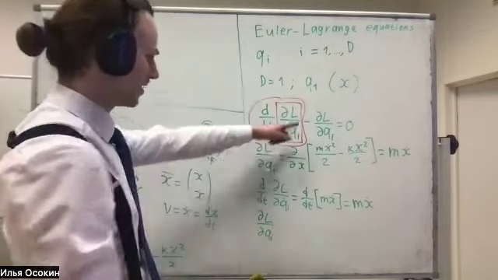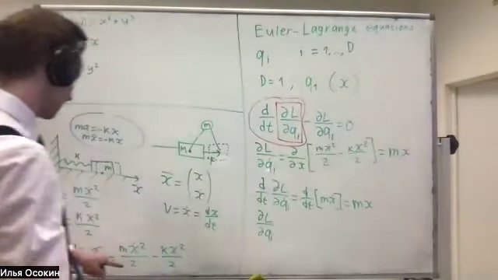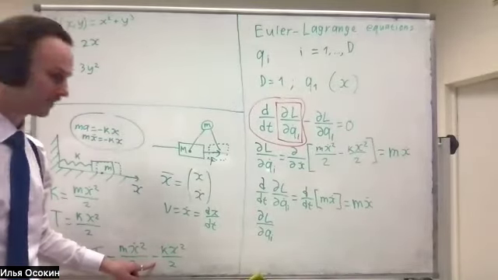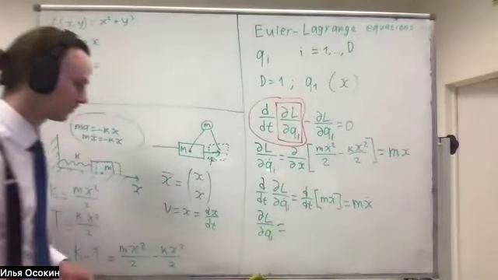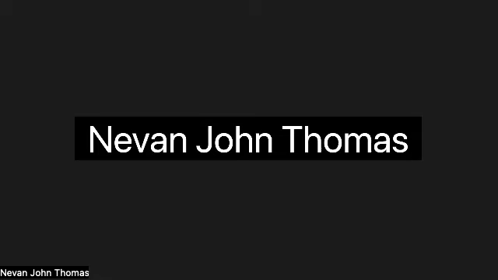It will be partial Lagrangian by dx. So let us check with the Lagrangian. What is going to be here? And now we consider mx dot squared by 2 as a constant, because it's independent of x. And we just differentiate minus kx squared by 2, and we get minus kx. Right.